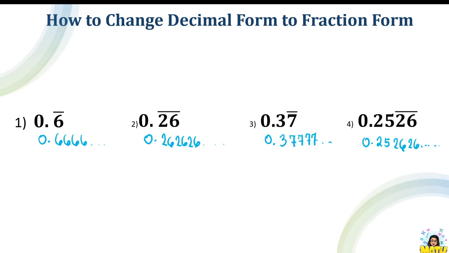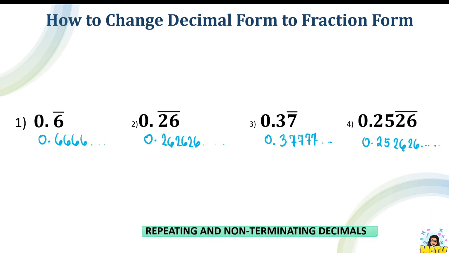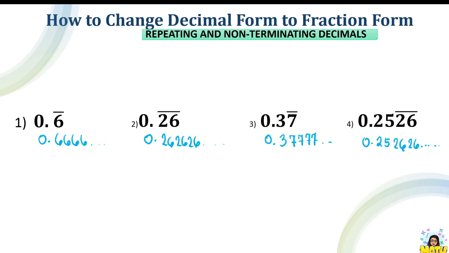We cannot use the method 1 because hindi natin alam yung pinaka-place value ng dulong digit. Kasi nga, this is non-terminating. So what I'm going to present to you is the short way ng pag-change ng decimal form into fraction form given na repeating and non-terminating decimals sila.